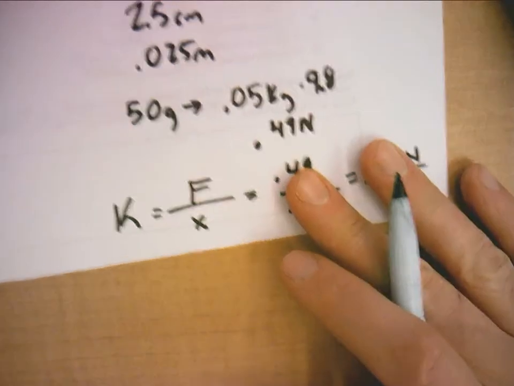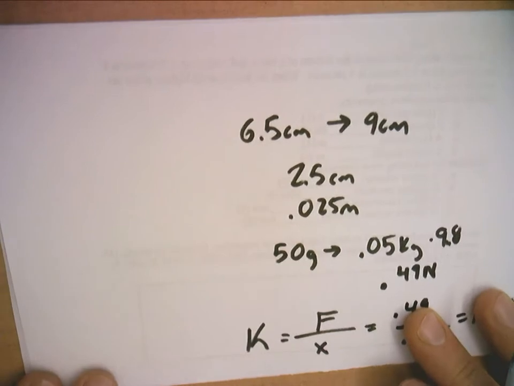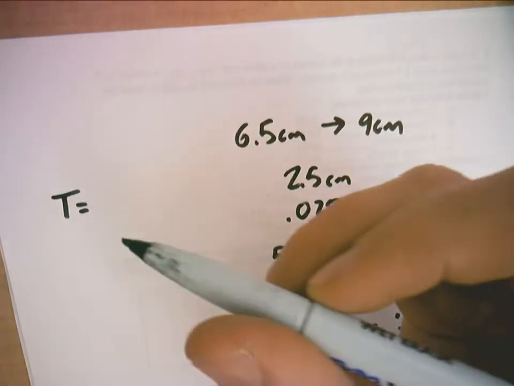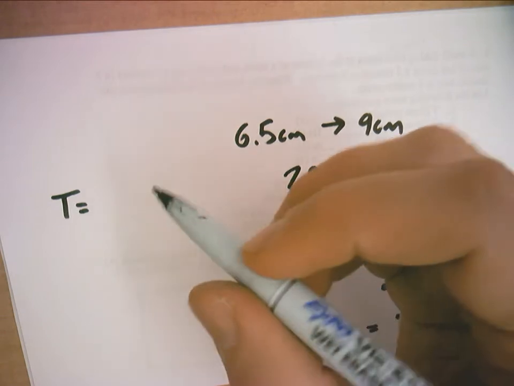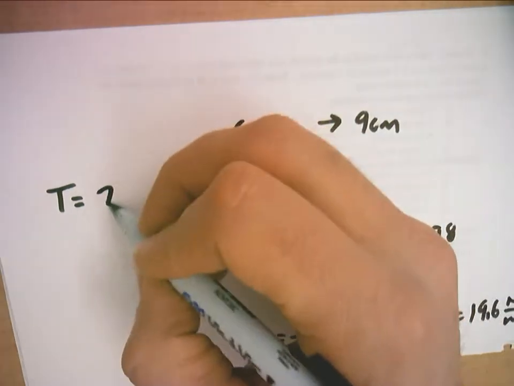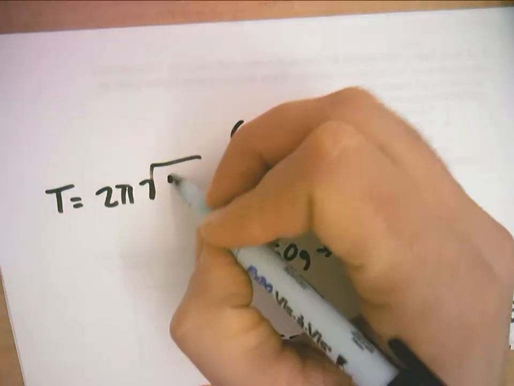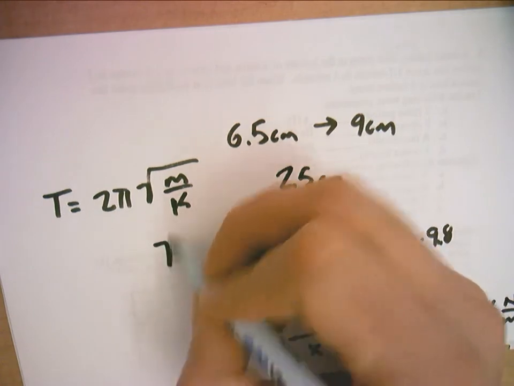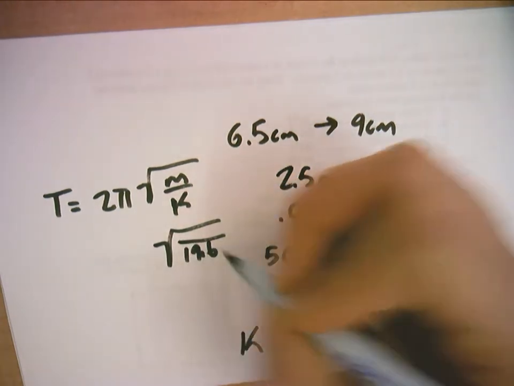One thing we could do is figure out the period with this. The period, the time it takes for an oscillation, is going to be equal to 2 pi times the square root of m over k. So we can put in our k value of 19.6. We can put in the mass.